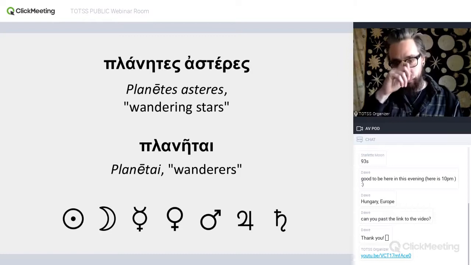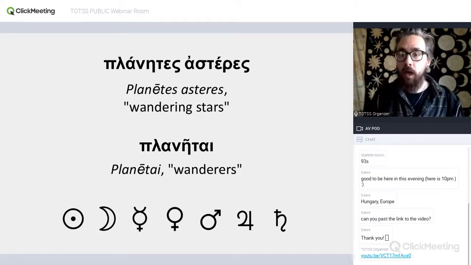In the terminology we're going to use here, we're going to call these the planets. But again, this idea of them as the wandering stars or the wanderers, as opposed to the fixed stars that, of course, we know do wander very slowly, but nothing like the speed at which the planets move.